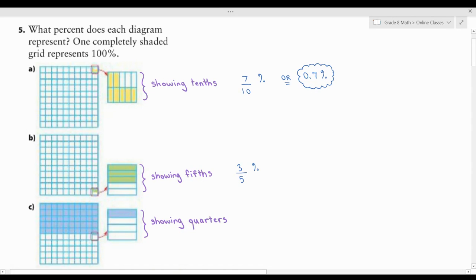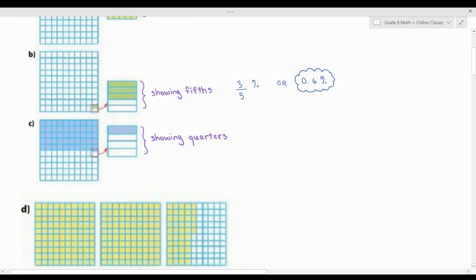But if you wanted it as a decimal, all I'm doing is 3 divided by 5, and I could say that's the same as 0.6%. Something to note too, this one had the little zoomed in square up top in the right hand corner. This one was in the left hand corner. Technically, it could be anywhere on the grid.